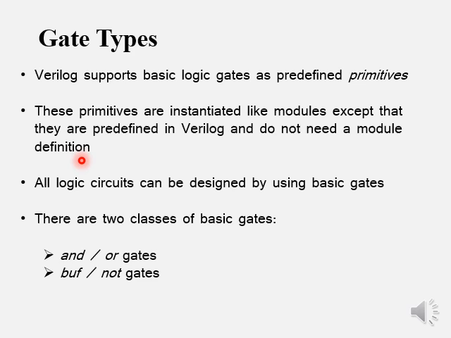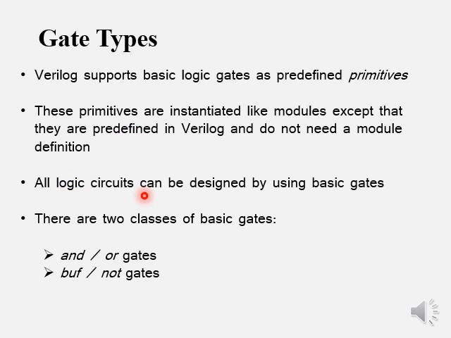The difference with the primitive gates is that the primitive gates' functionality is already predefined in Verilog and hence the user needs to only instantiate these like any module instantiation. You must be familiar with instantiating the design block in the stimulus block while writing the test bench.